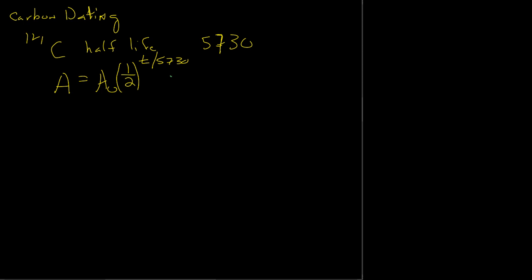What ends up happening in a lot of problems is that people use e exponentials to do all of these. That way they don't have to worry about different bases. So I'm going to do this as an exponential problem.